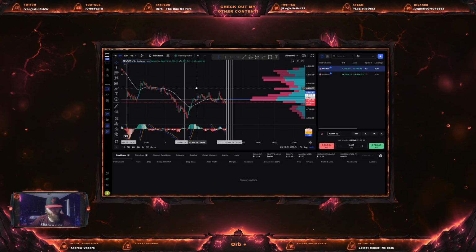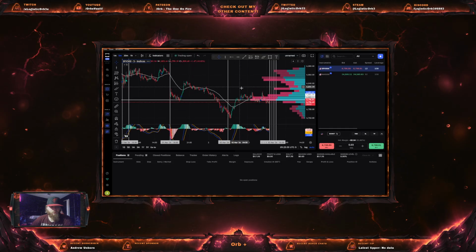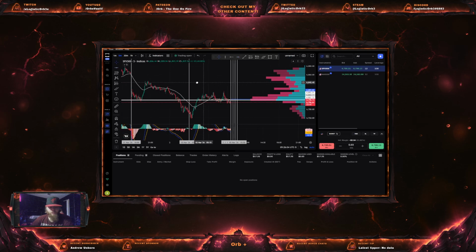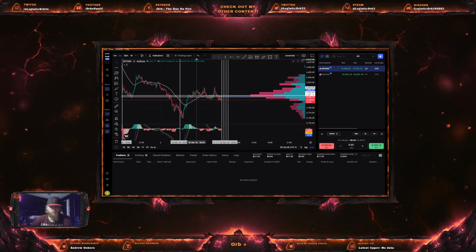Okay, so we have point of control here. This is from session to session. Now we have two low volume nodes.